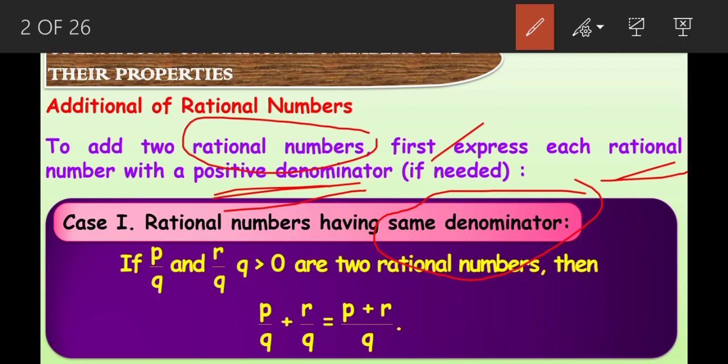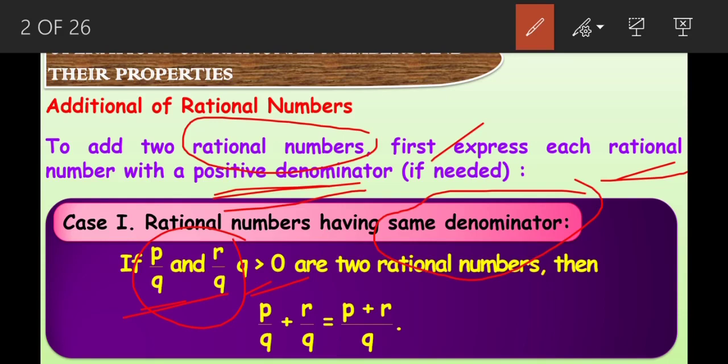After doing that, in case 1, we are going to add rational numbers which are having the same denominator. Suppose P by Q and R by Q. Two rational numbers are given, where the denominator in both the rational numbers is Q, and one more condition, Q should be greater than 0, because we told that positive denominator.